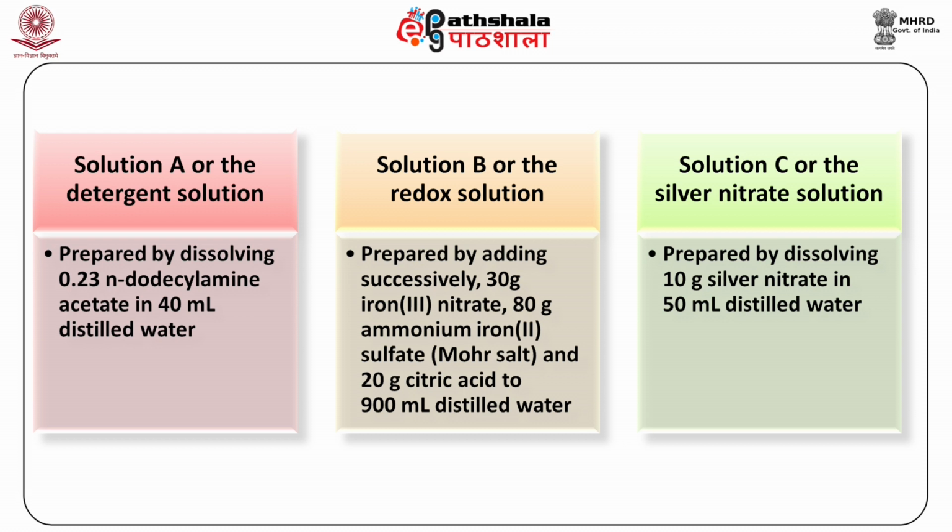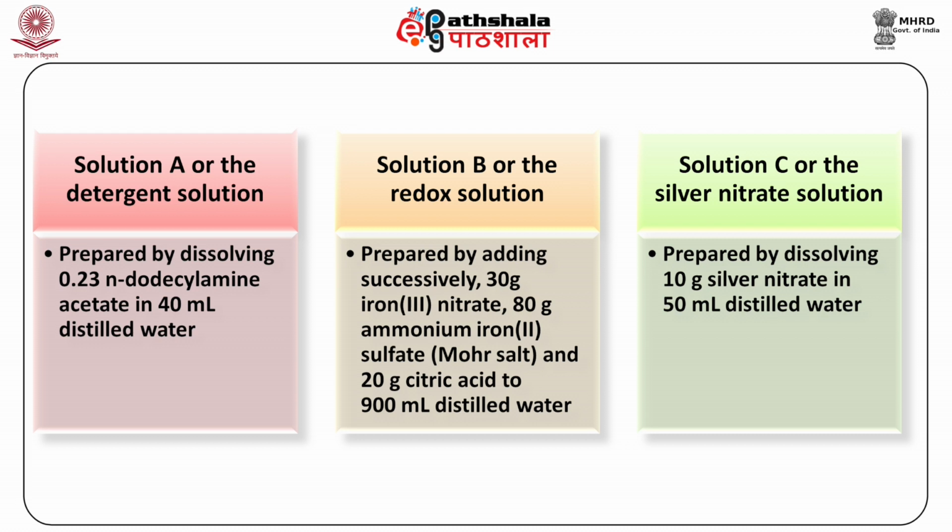Solution B or the redox solution. It is prepared by adding successively 30 gram iron nitrate, 80 gram ammonium iron sulfate, which is known as Mohr's salt, and 20 gram citric acid to 900 ml distilled water.